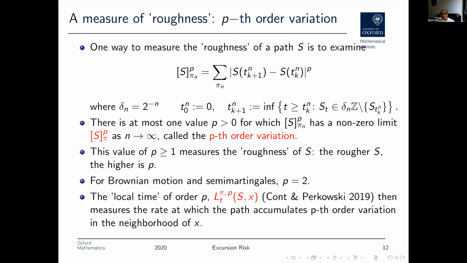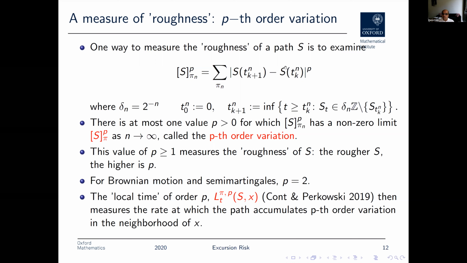Well, one classical way to measure the roughness of a path is to look at the sum of its increments to some power p, over some time partition. For example, I'm going to use this partition, called the Lebesgue partition associated with S. You look at a sequence of hitting times of levels whose distance is 2 to the minus n, and you take the increments along this partition, but we can choose another partition whose step goes to 0, a uniform partition otherwise.